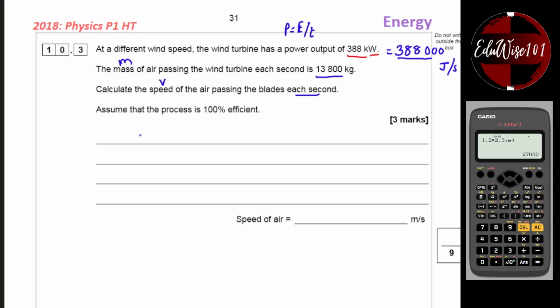So using the equation, EK for kinetic energy equals half mv squared. That's 388,000 equals half times m times v squared. The mass is 13,800, so I should be able to use the value for the mass there.